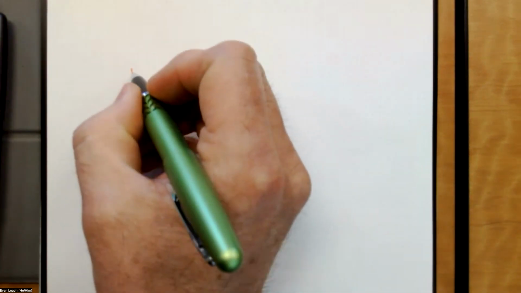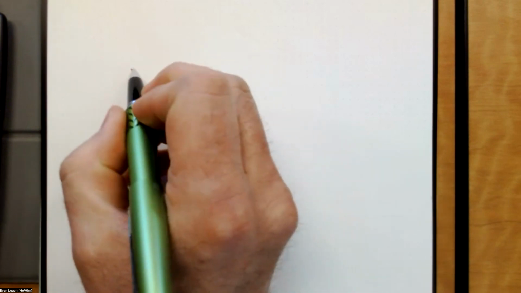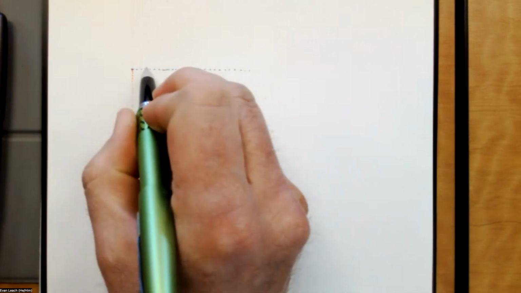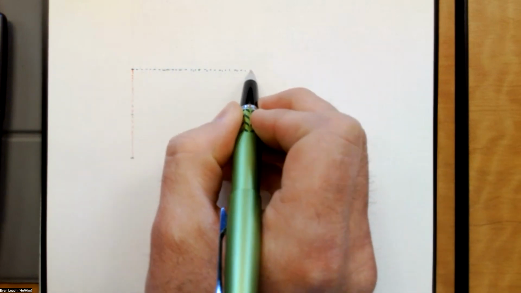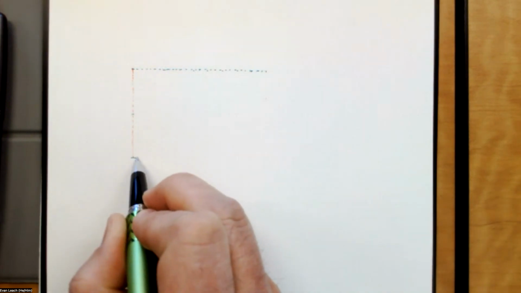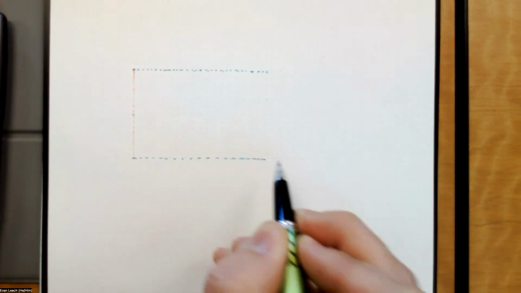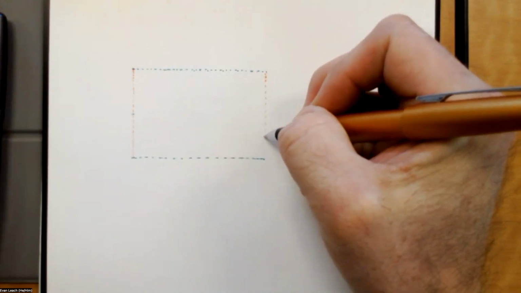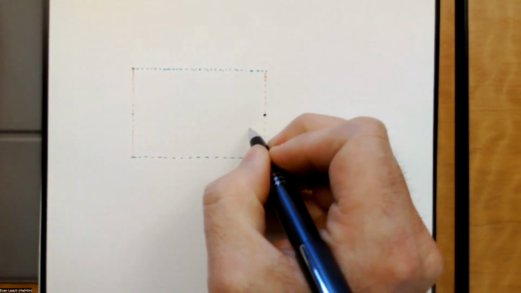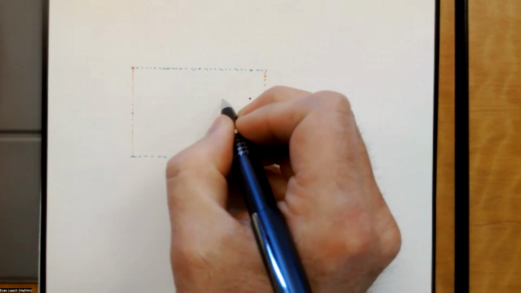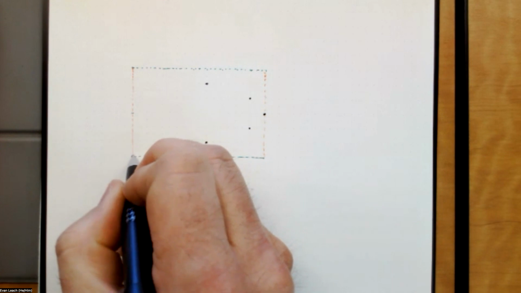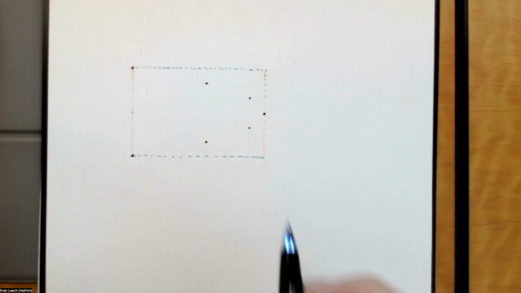This is going to be the middle. They're so much harder to draw when they're big.